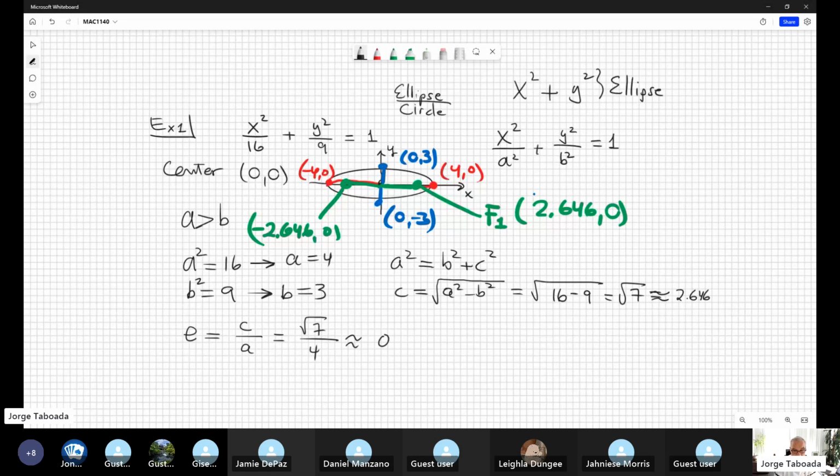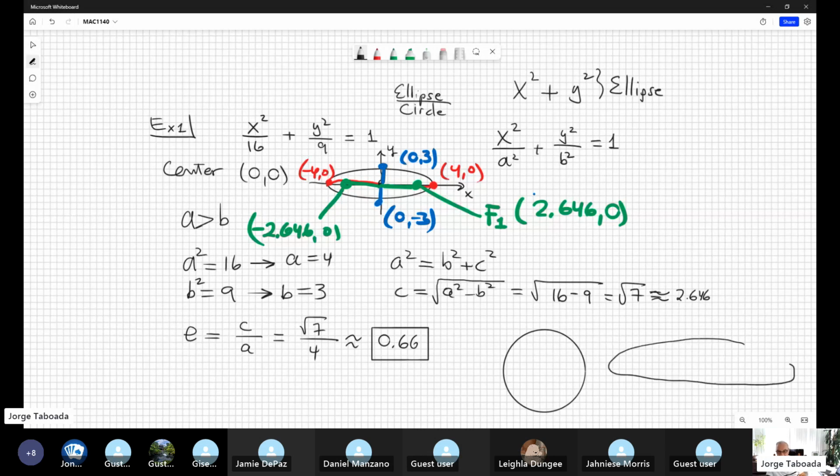What is eccentricity? Eccentricity gives me a measurement of how round or flat our ellipse is.